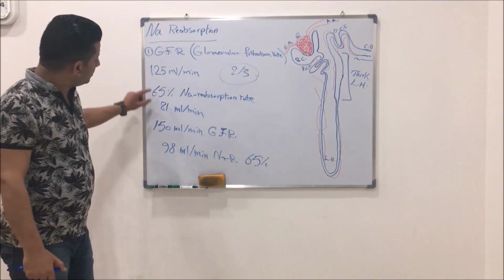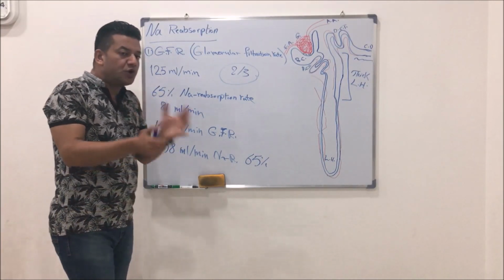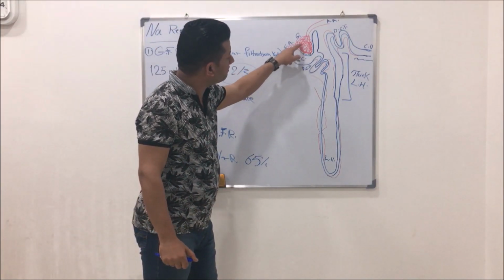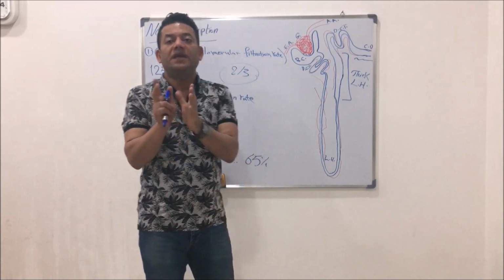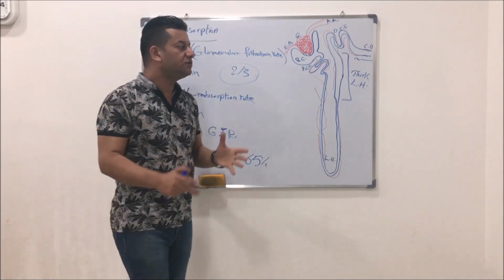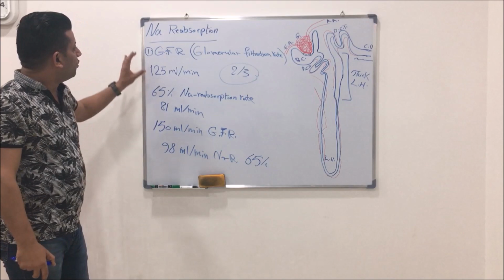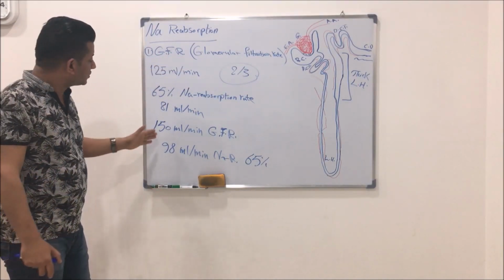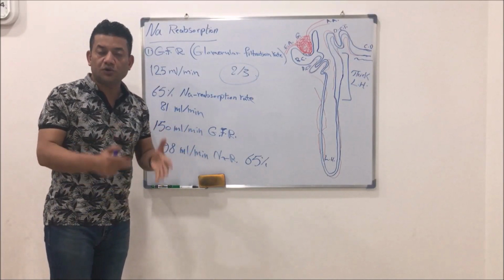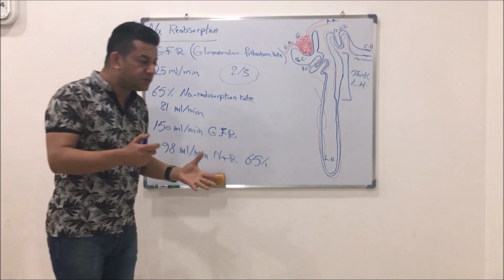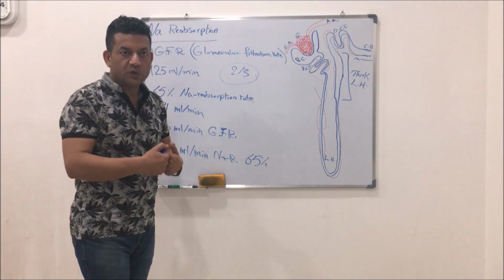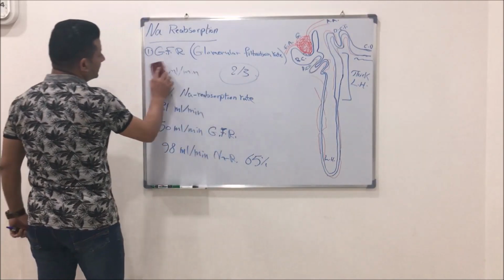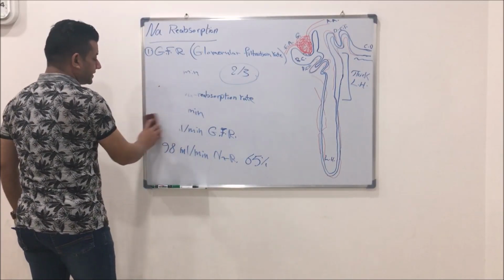This constant state of reabsorption is called glomerulotubular balance. So what is the glomerulotubular balance? It means that whenever the glomerular filtration rate increases, the sodium reabsorption increases also, and the reabsorbed fraction stays constant. So let's speak about the other factors that affect sodium reabsorption in the renal tubules.